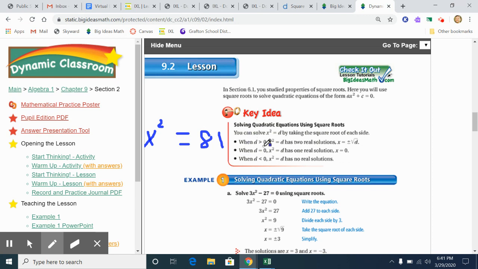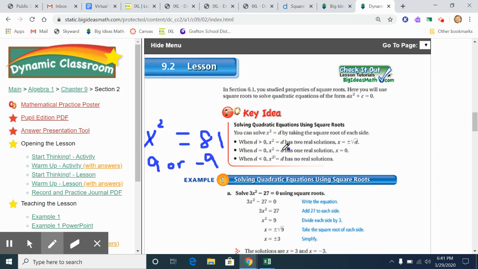It's saying when d, or this number, 81, is greater than 0, this equation is going to have two real solutions, the positive and negative square root of 81, which would be 9 or negative 9.